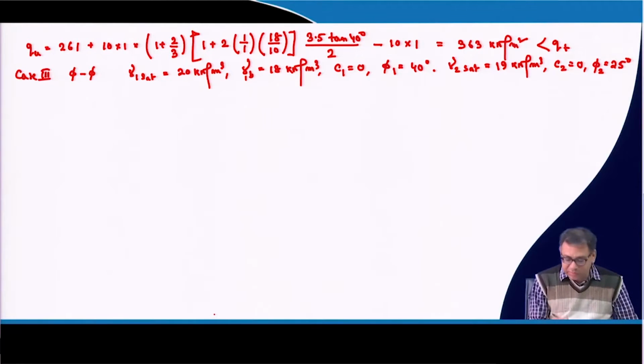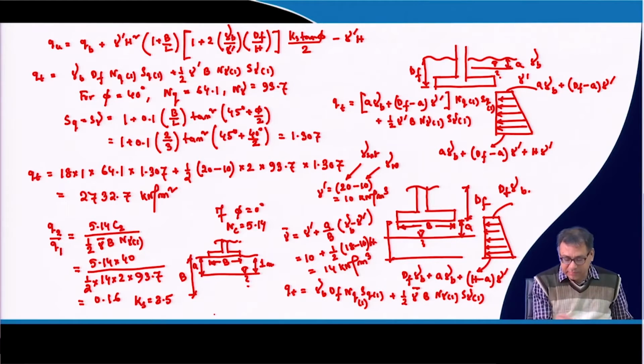The same basic equation will also be valid for this case, because we have not changed the other properties and the top layer is also sand. So, C 1 and C 2 both are 0.